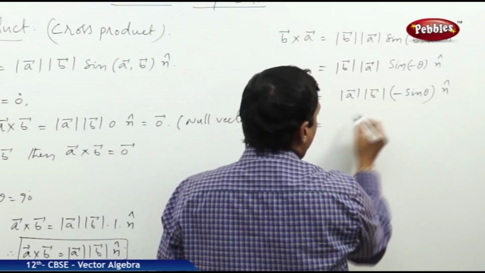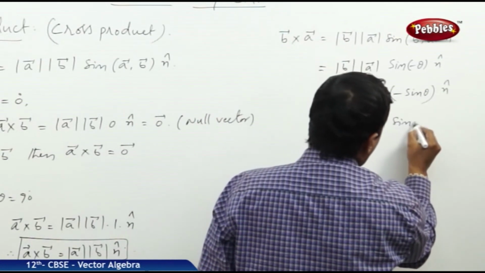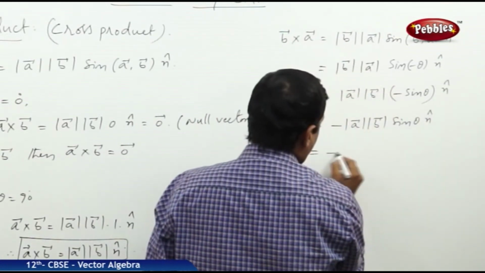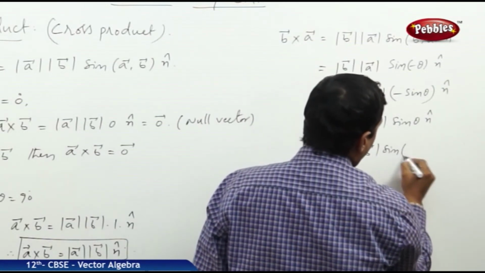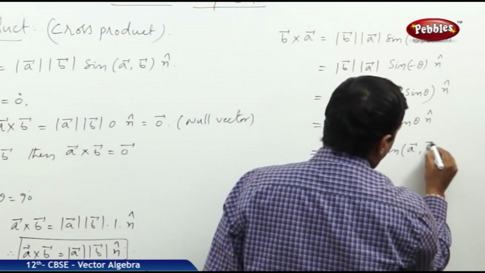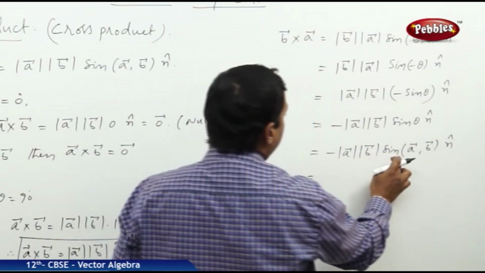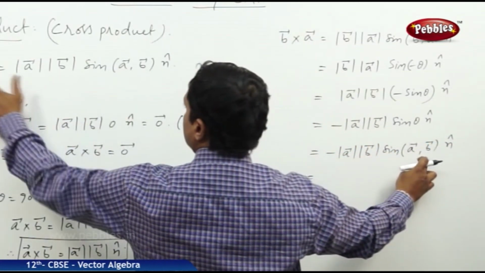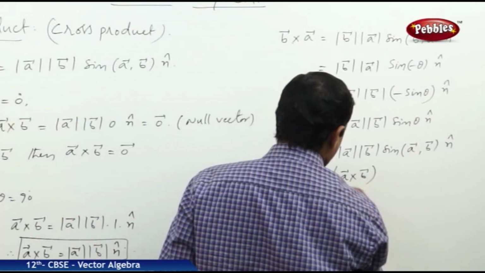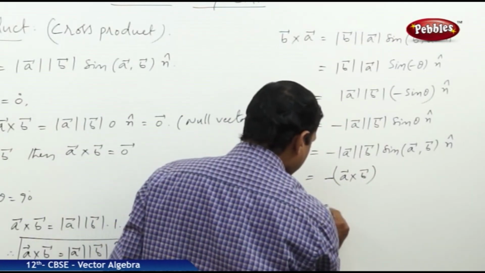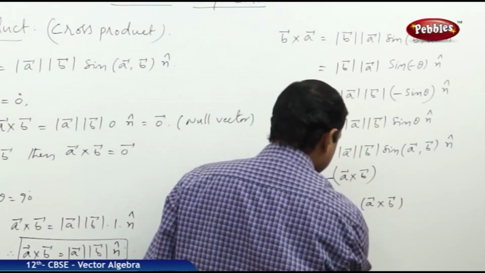That is minus mod A into mod B sin theta into n cap, where theta is the angle between A comma B. Now, mod A mod B sin theta into n cap is equal to A cross B. Hence, it is minus of A cross B. Therefore, B cross A vector is equal to minus of A cross B vector.